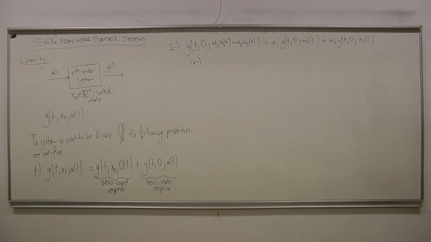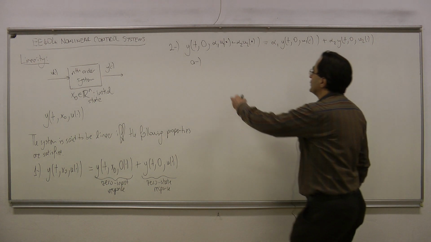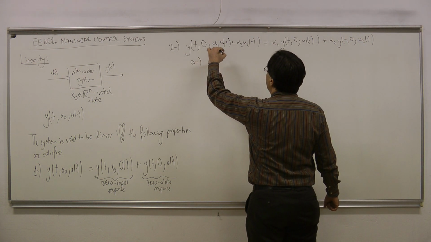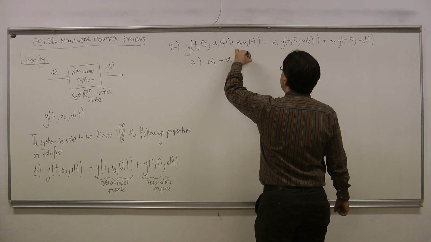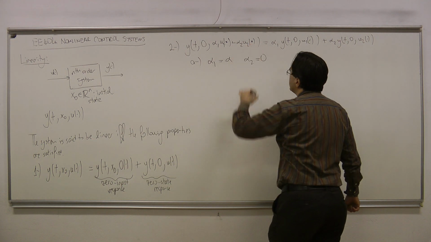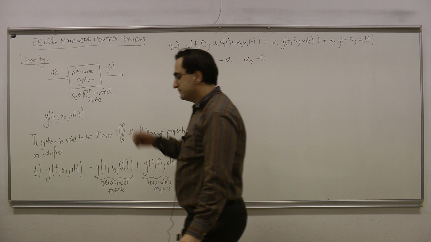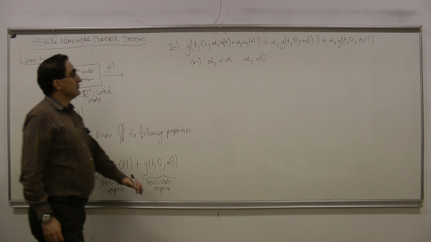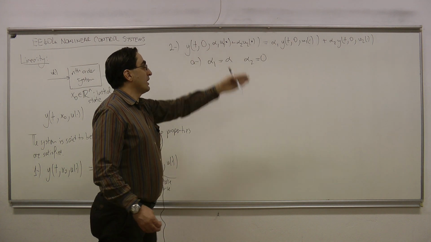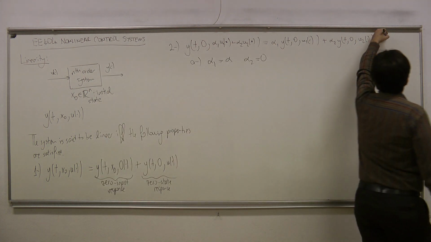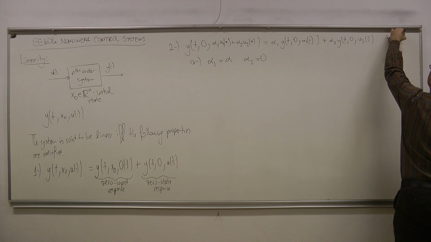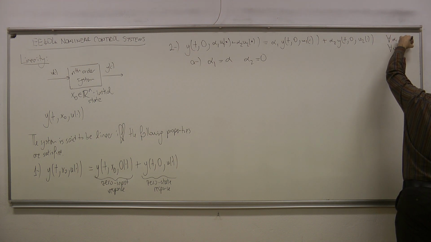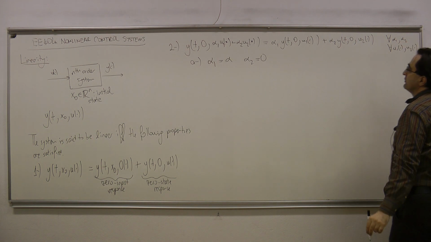So I would have the following selection. Let us say alpha 1 is equal to alpha, and let us say alpha 2 is equal to 0. Then, of course, this is true for any alpha. This is true for all alpha 1, alpha 2, for all u1 and u2 that I can give the system.